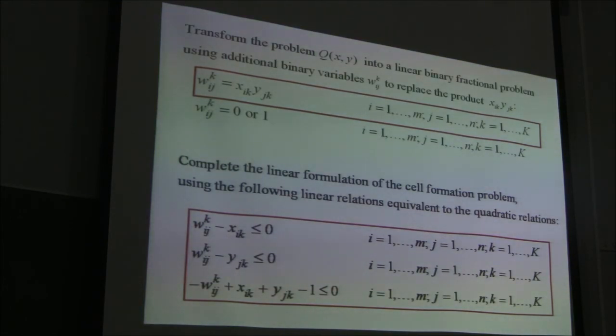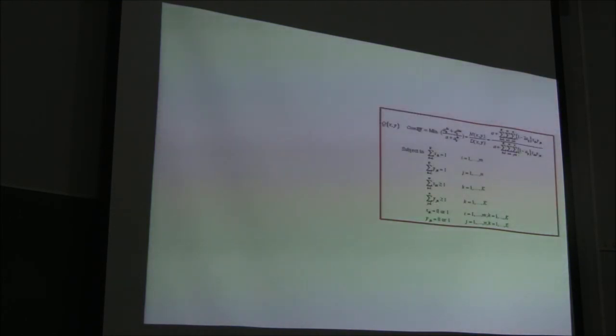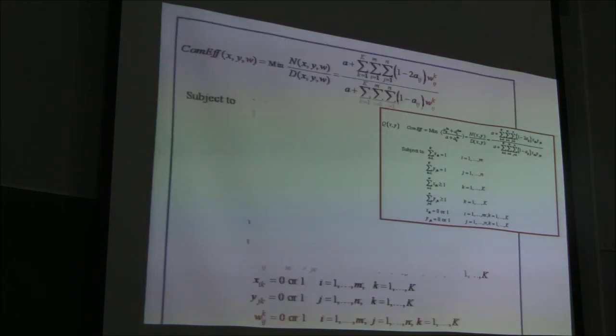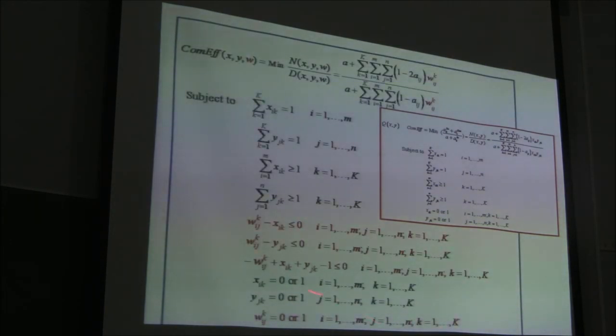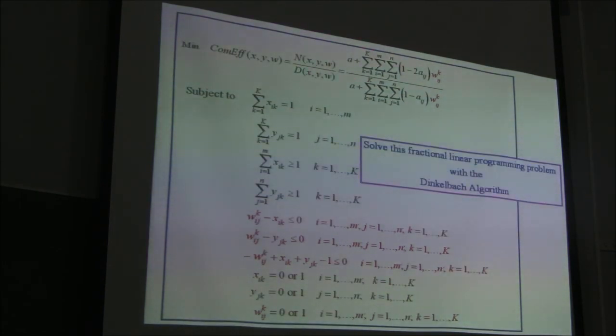So the model here becomes the following one. I indicate in red the modification or the connection between the variable w and the x_i and the y_j. So now I have a linear programming problem, and it is binary and it is fractional.